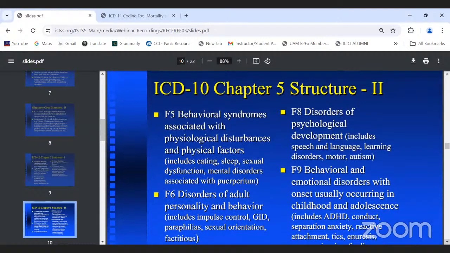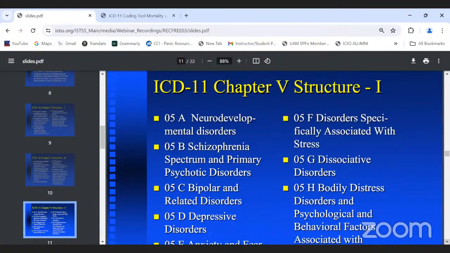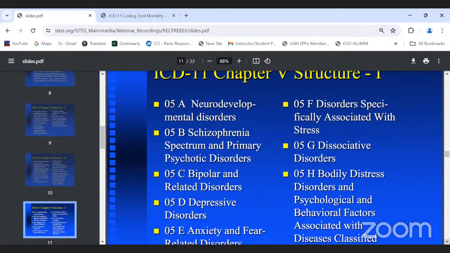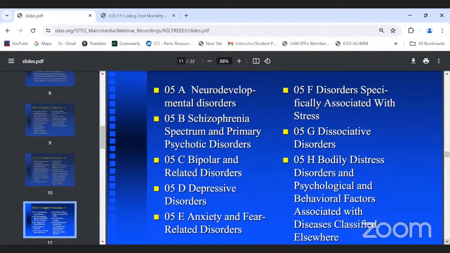So now, see this as chapter 6, not 5. Rather than the F which you saw earlier, they have made it into 6.